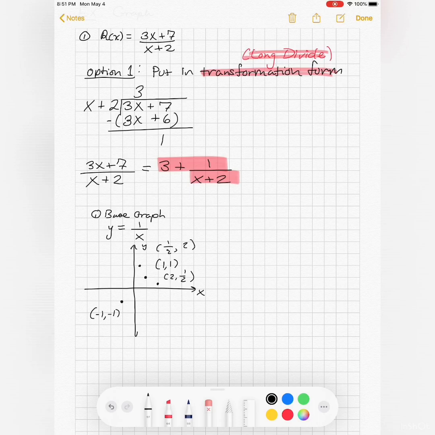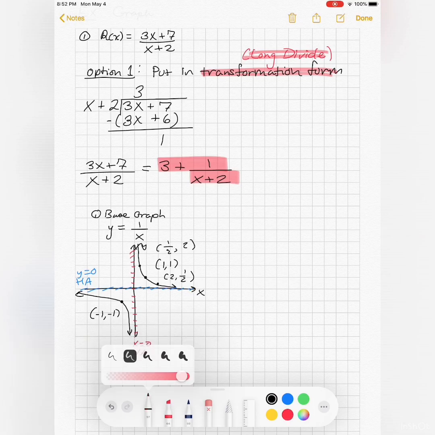It's an odd function, so I'd have the same points, but negated in quadrant 3. So there's the graph. It has a horizontal asymptote, y equals 0, and a vertical asymptote, x equals 0.